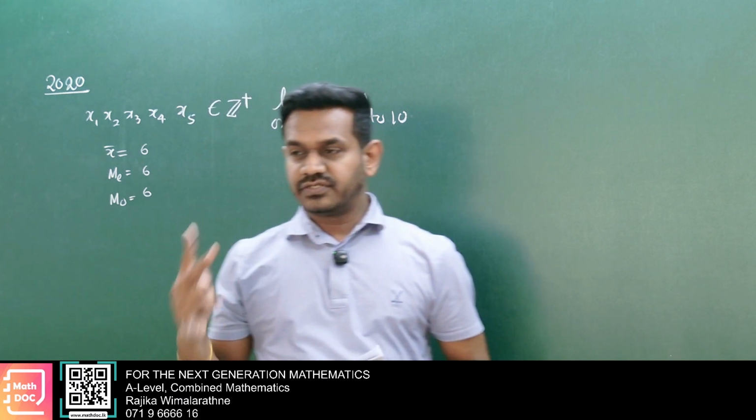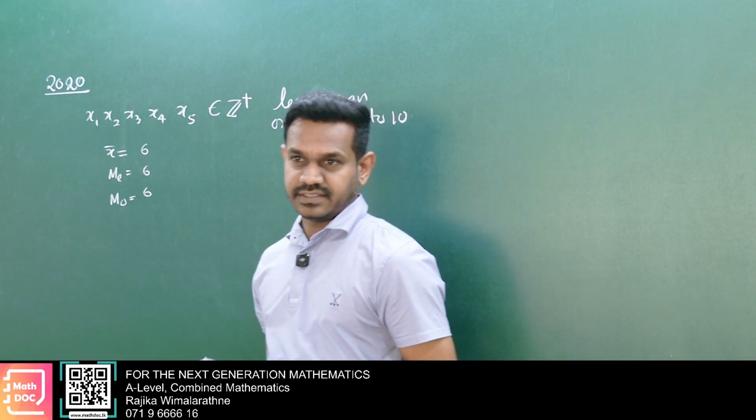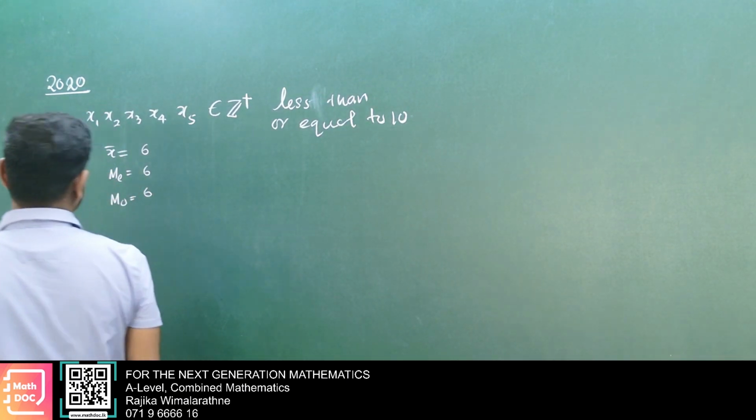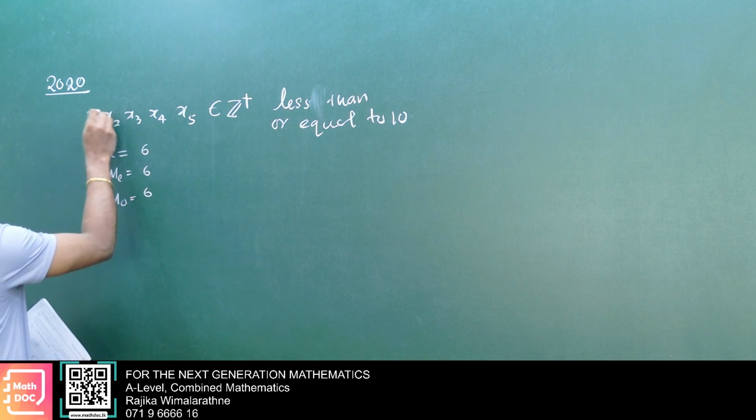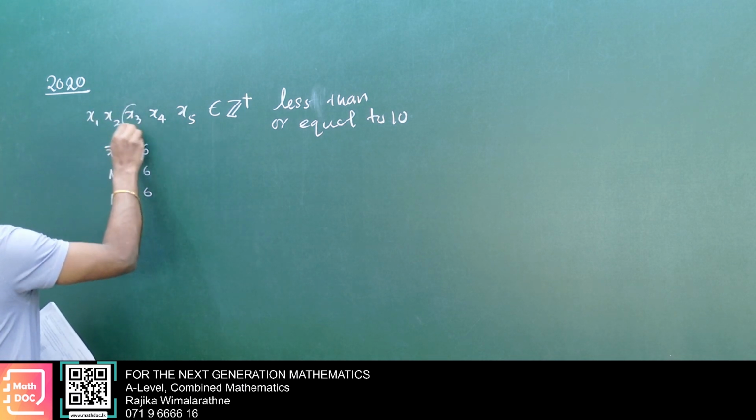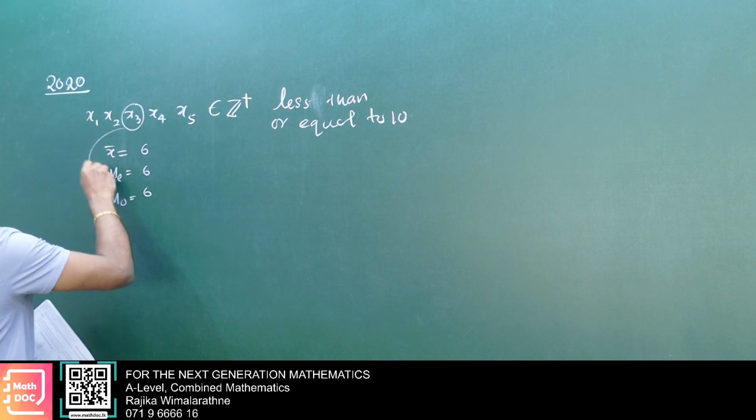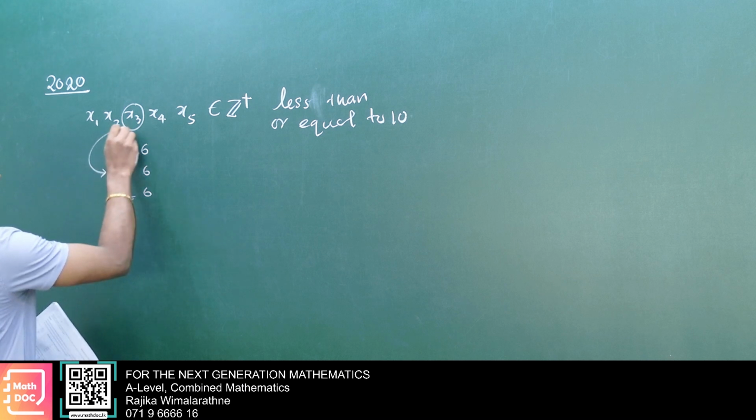Then definitely at least 2 will be 6. Considering ascending order, the median equals 6. Therefore x3 equals 6.